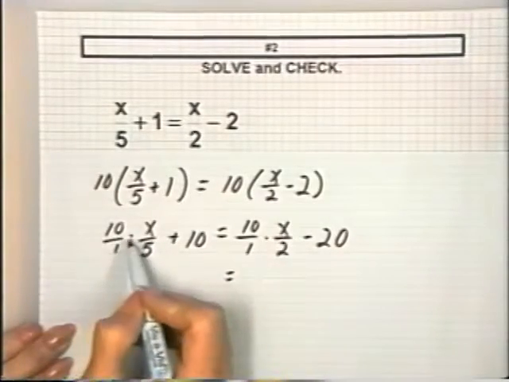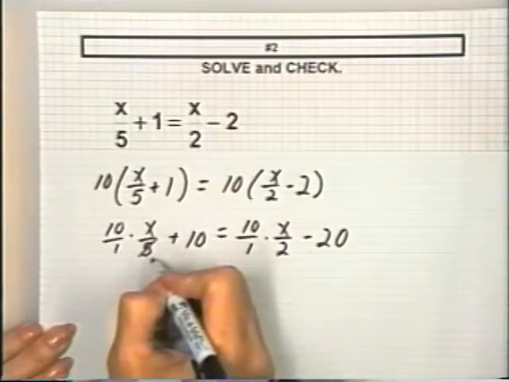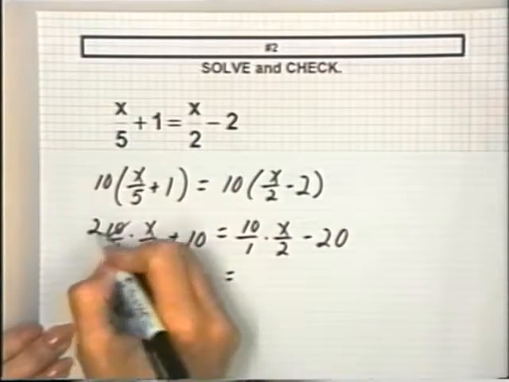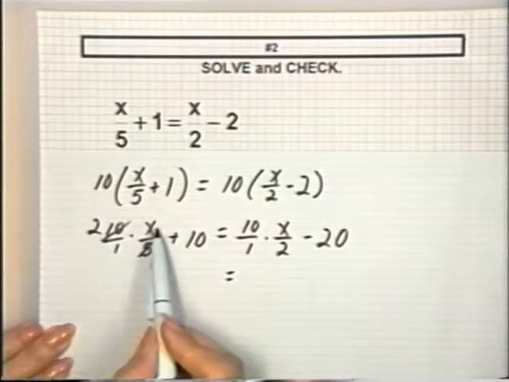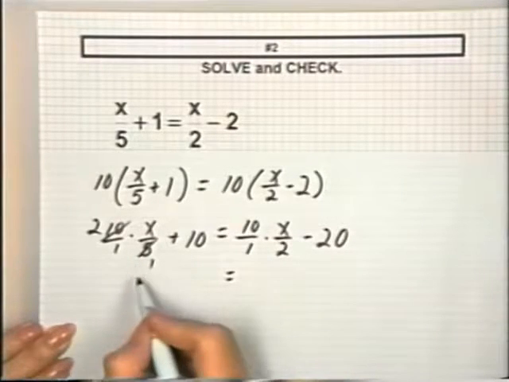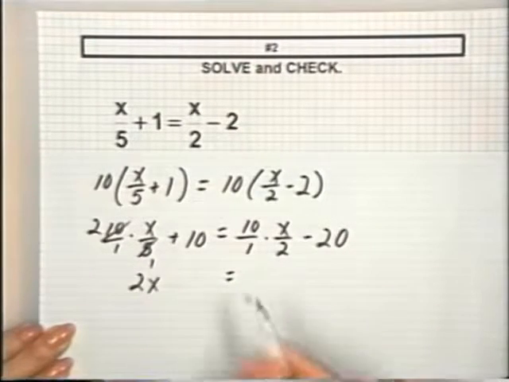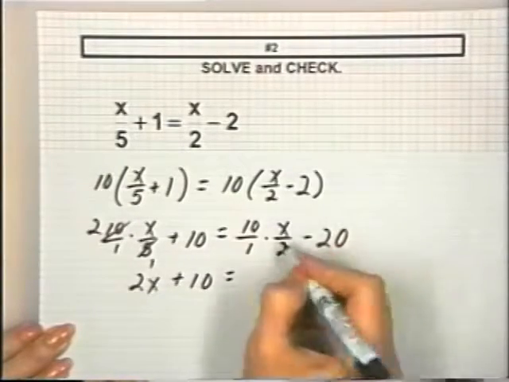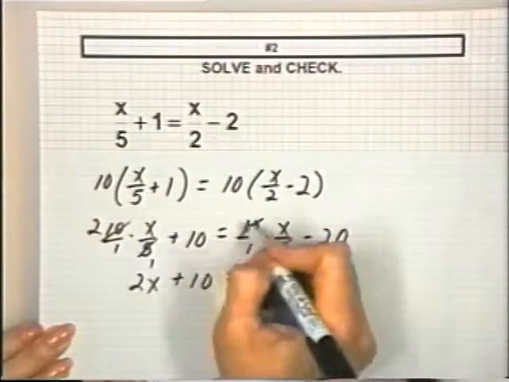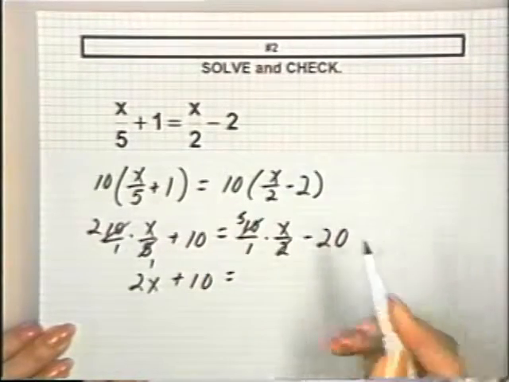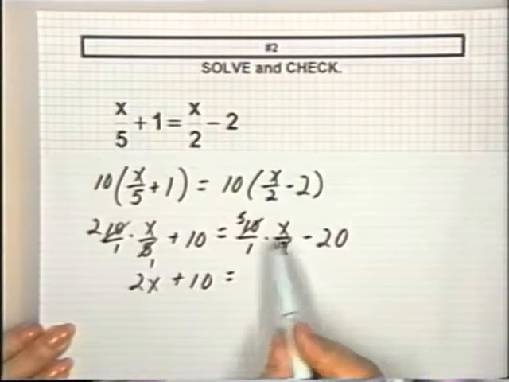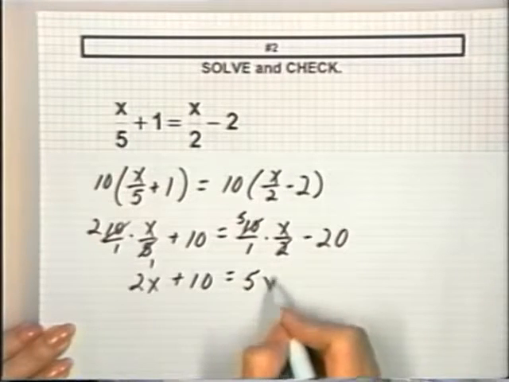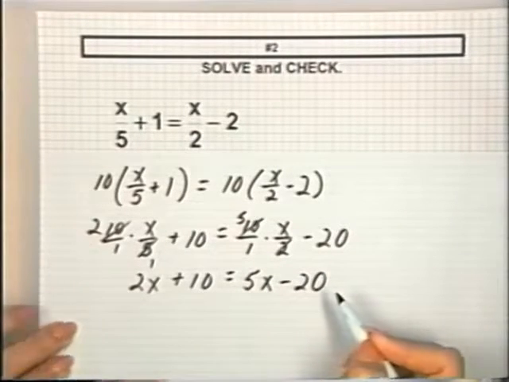When I say 10 over 1 times x over 5, 5 goes into 5 once and into 10 twice. I am left with 2x plus 10, equals, on the right side, the 2 goes into 2 once and into 10 5 times. I am left with 5x minus 20.